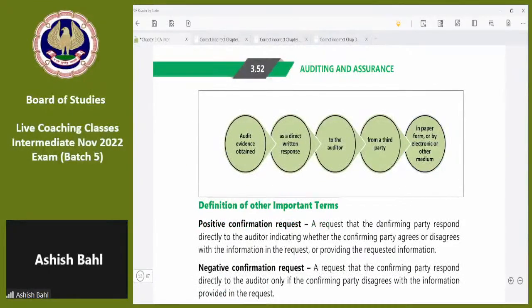Now there are these components: audit evidence obtained as a direct written response. Now who is sending the request? The auditor is sending the request. And who is giving the response? The confirming party.